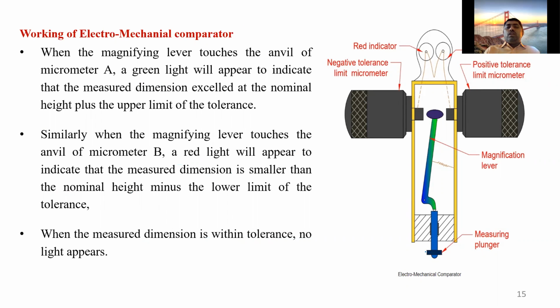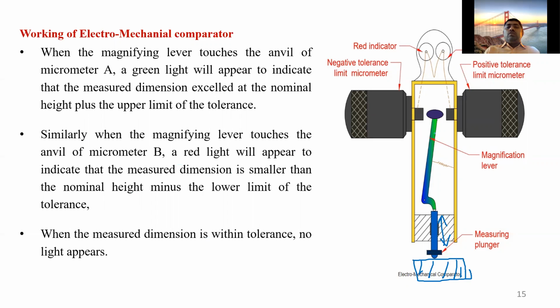Let us place the workpiece underneath the plunger. If there is any deviation on the workpiece, the measuring plunger will move up and down, which actuates the magnification lever.